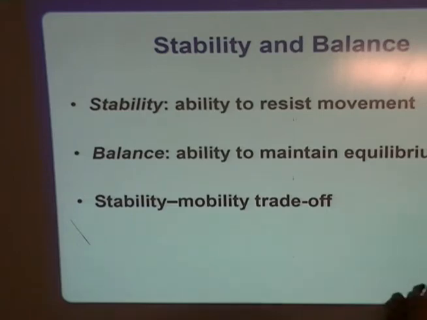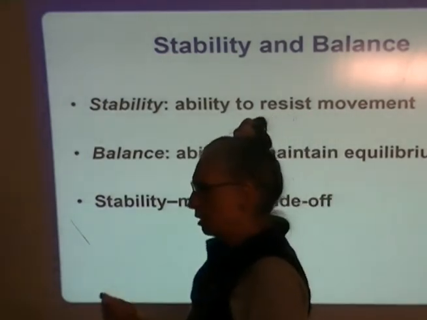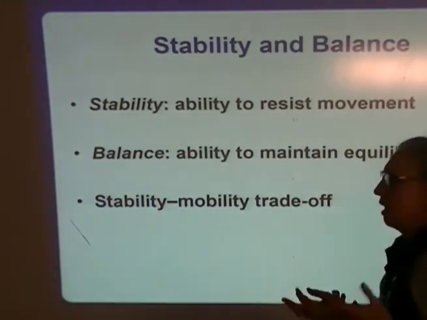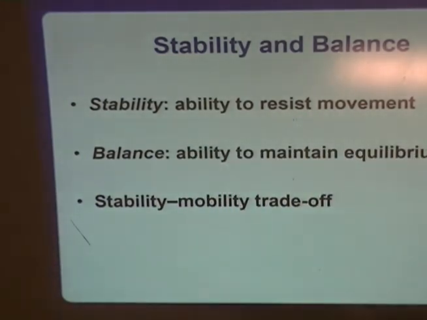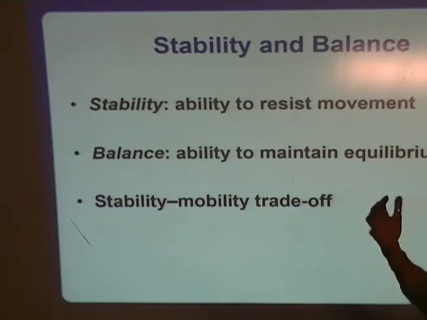All right? So the word stability means that I'm able to resist movement, right? So if I am playing a game where I'm in a position I'm meant to be protecting something else, I don't want someone to be able to push me over easily.